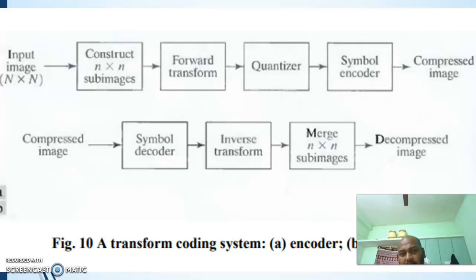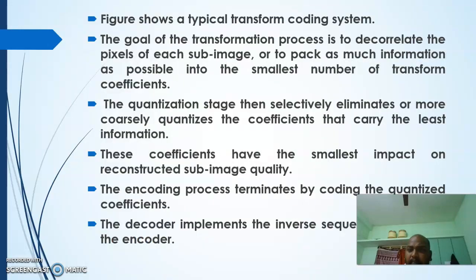After that, all the split sub images are combined back, and in such a way the image is decompressed and brought back to a normal image for use. This process of using both transformation and coding is what we call transform coding.